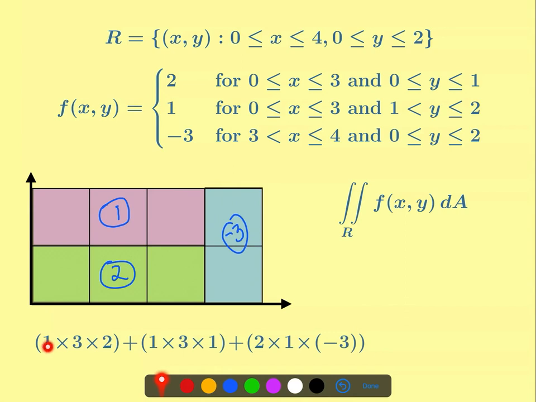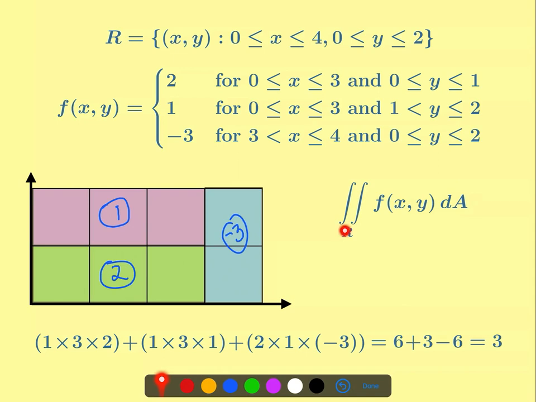I'm putting minus 3 here because the height's negative if you want, but you have to subtract that volume. That gives us then 6 plus 3 minus 6. So we get just 3 there, and 3 then will be the value of this double integral.